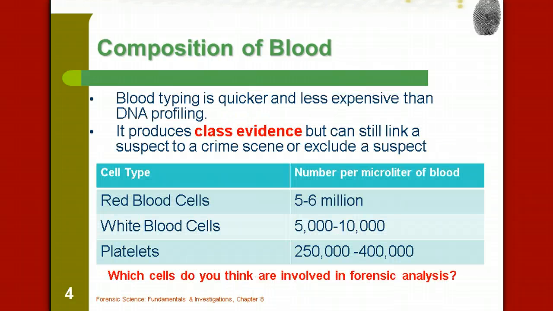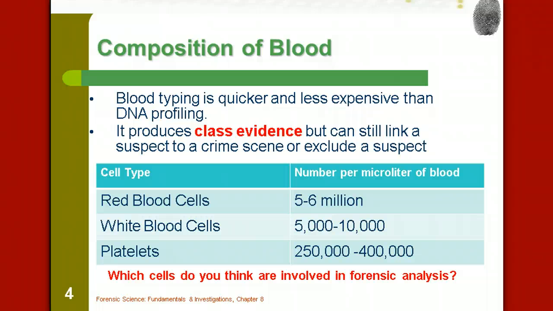Now, blood typing itself is a lot quicker and less expensive than DNA profiling. It produces class evidence, but can still link a suspect to a crime scene or exclude a suspect. For example, in a single microliter of blood, the red blood cells make up 5 to 6 million components.